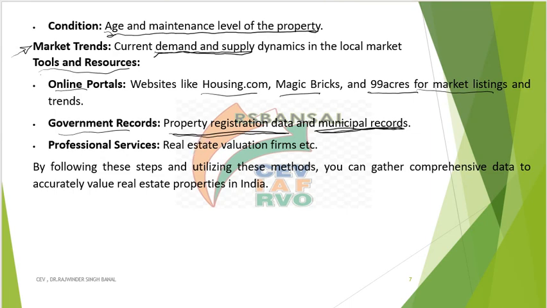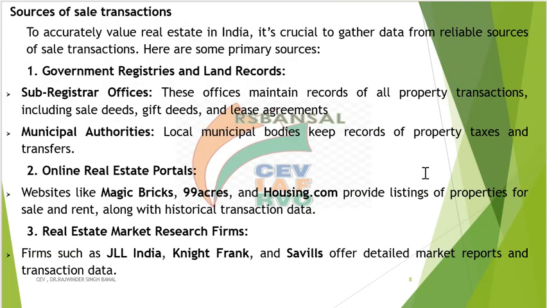Then you can get the data from real estate valuation firms that provide professional services. So following these steps and utilizing these methods, you can get comprehensive data to actually value the real estate property.